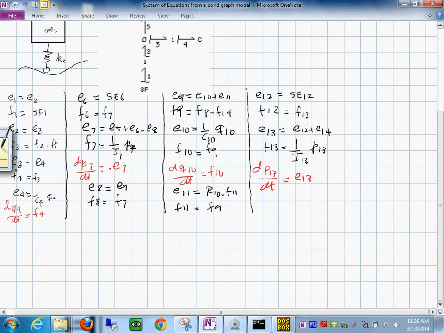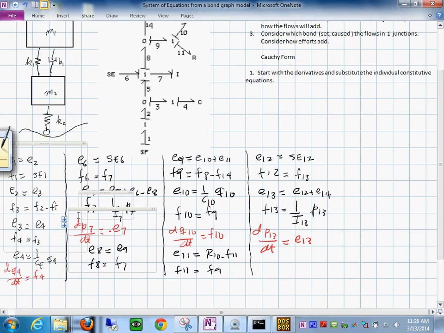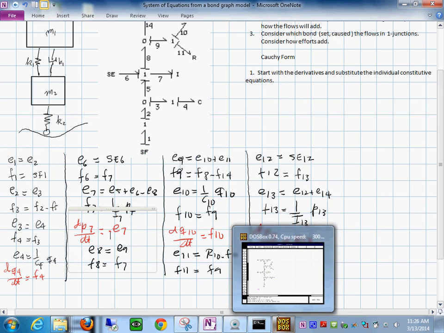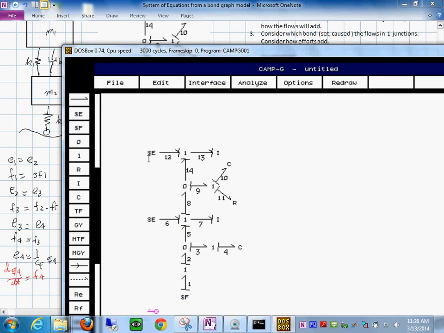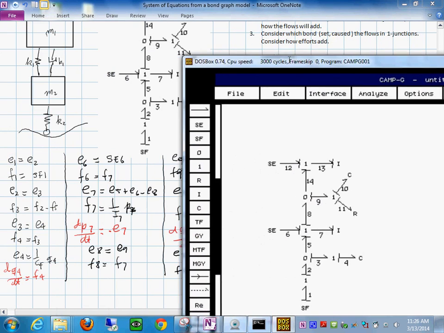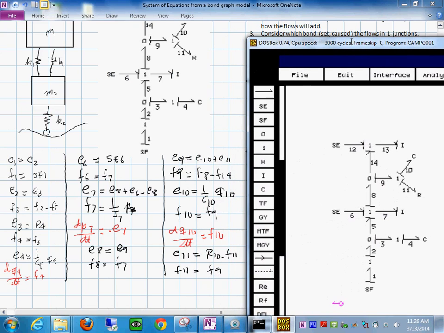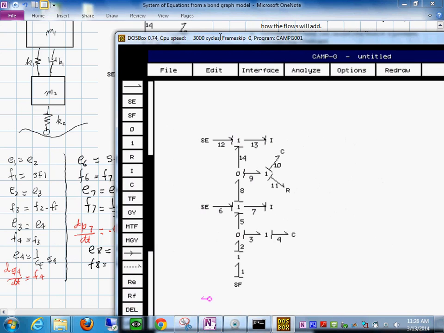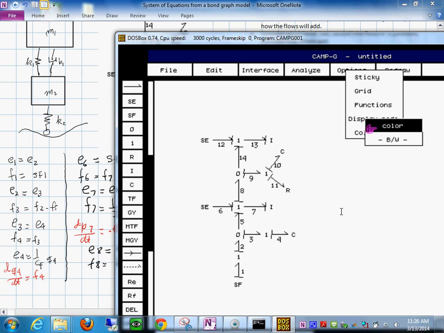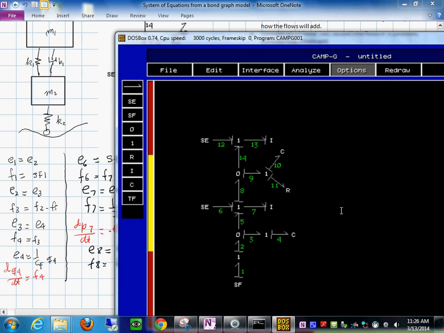Okay, one thing though, before I do this, I think it would be good to go to my bond graph model and show you how ChemG has these equations inside this bond graph. So to do this, I think I'm going to go to display mode, go back to the color one. I think we can see it, the contrast is much nicer there.